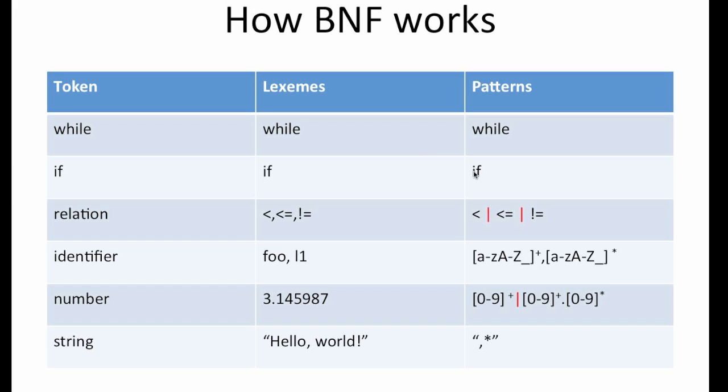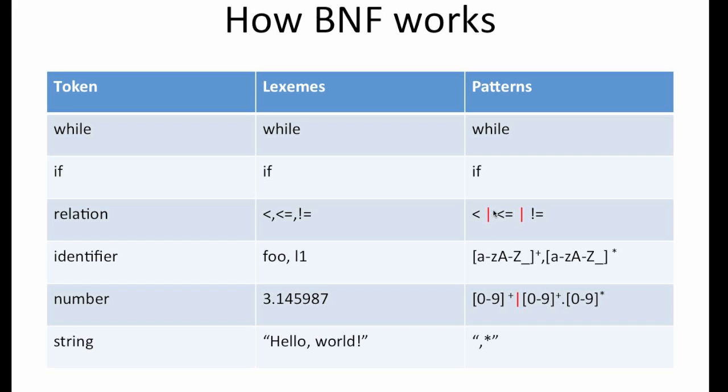Now I'm just quickly going to jump through what a relation is. Basically, a token, lexeme, and pattern as far as while and if go are pretty much the same, but we're not going into that.